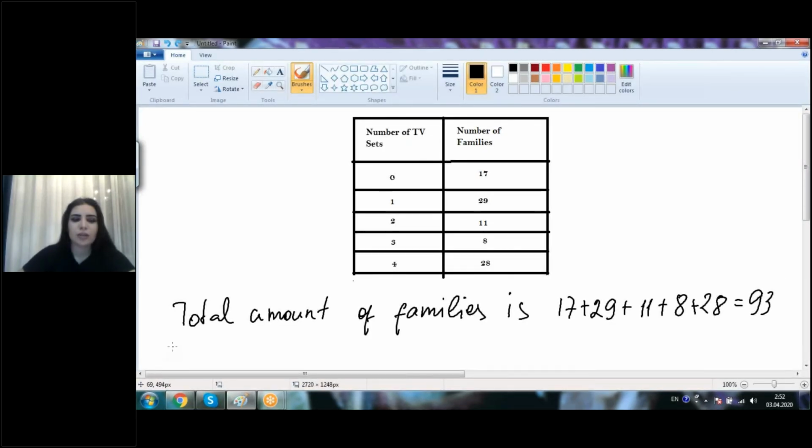The second step is to count the total amount of TV sets. And in order to do it, we should multiply each number of TV sets by the number of families.